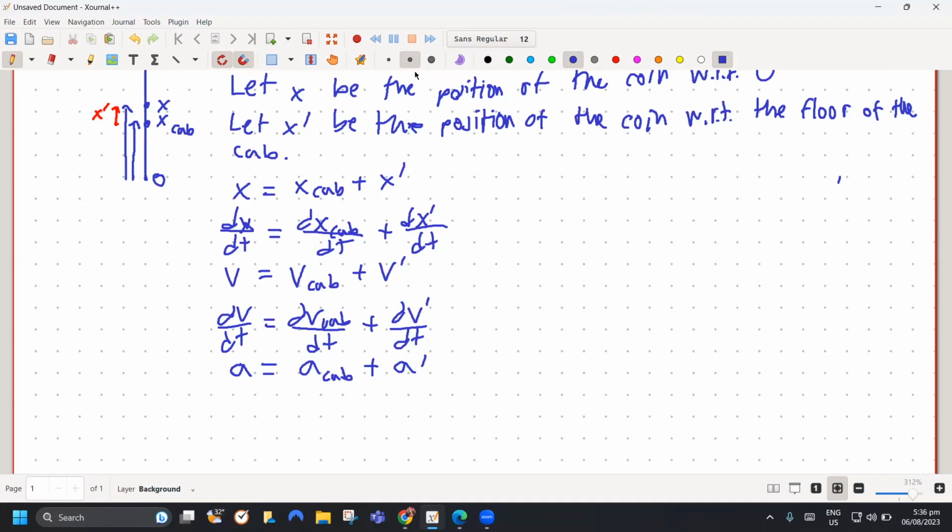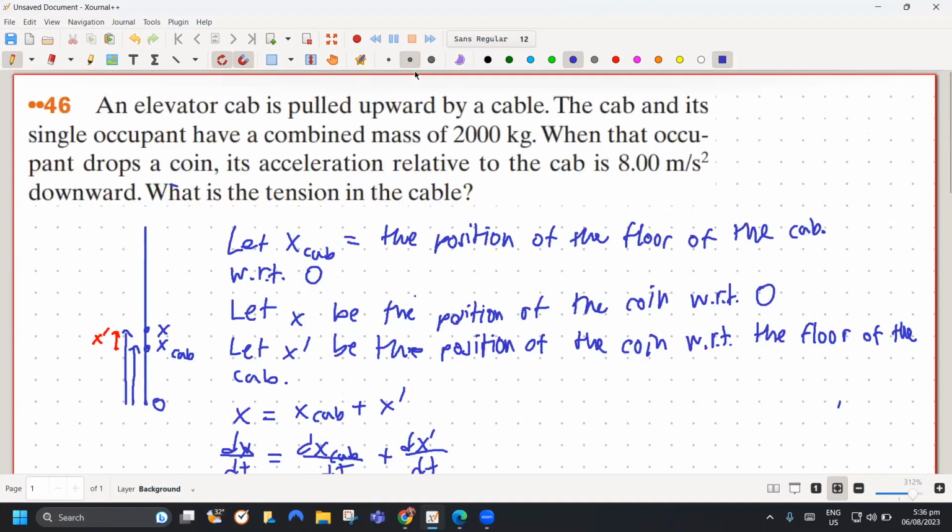A prime is the acceleration of what? Acceleration po ng coin, with respect to the floor of the cab. Ano yung value niyan? 8 meters per second squared po.